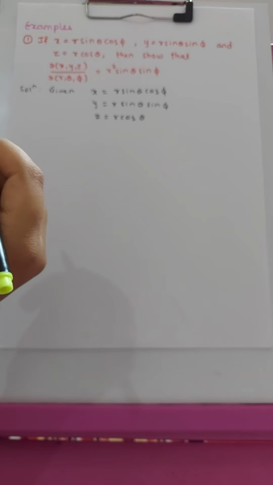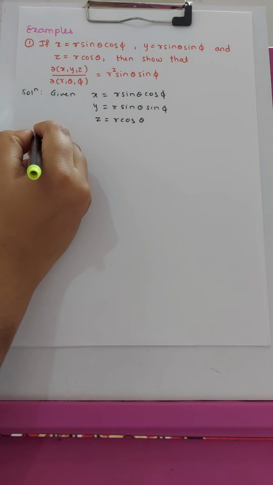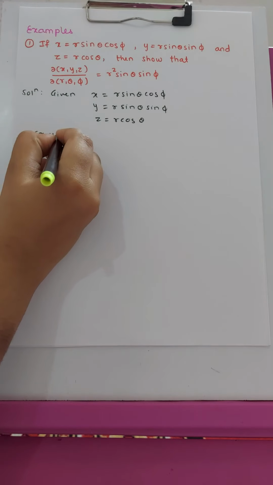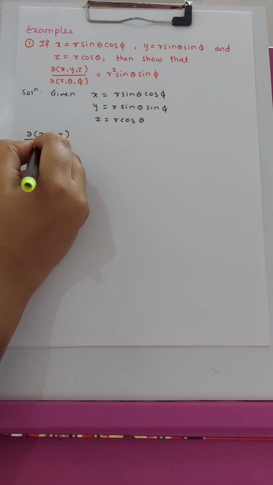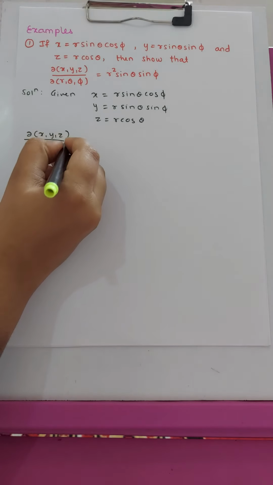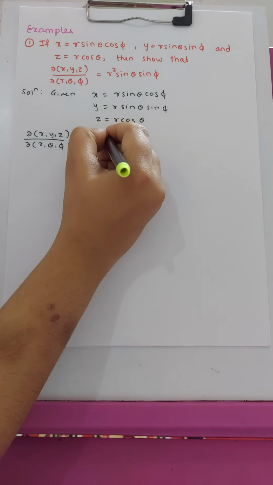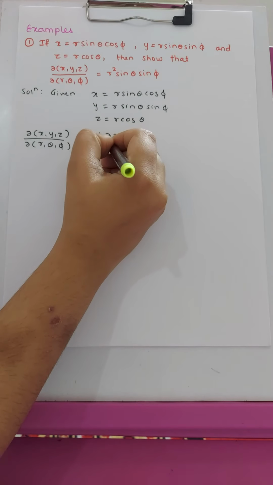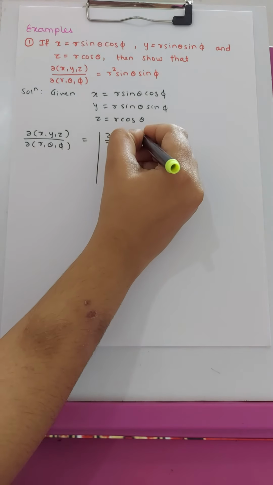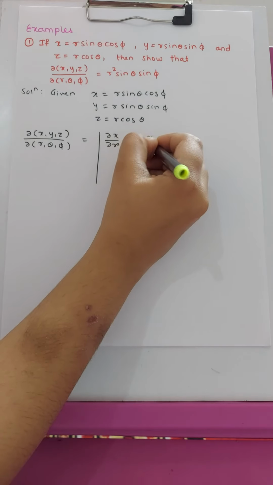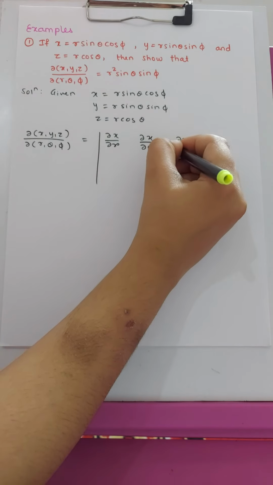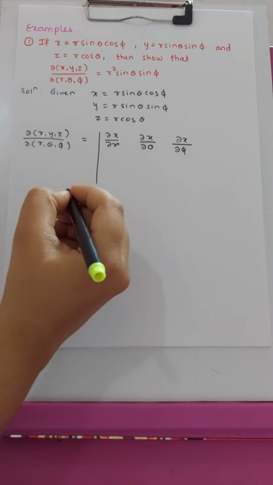Now we will take the determinant, that is the Jacobian, ∂(x, y, z) upon ∂(r, theta, phi). So ∂x upon ∂r, ∂x upon ∂theta, ∂x upon ∂phi.